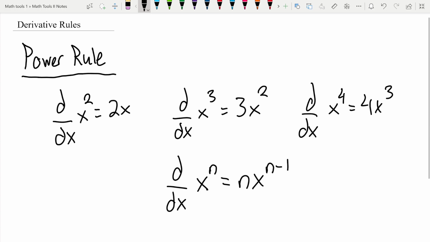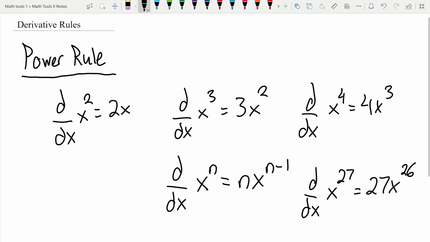So you kind of pull that power down and then you subtract 1 from the power. So if we want to find the derivative of x to the 27th, it's going to be 27x to the 26th. So this is the power rule.